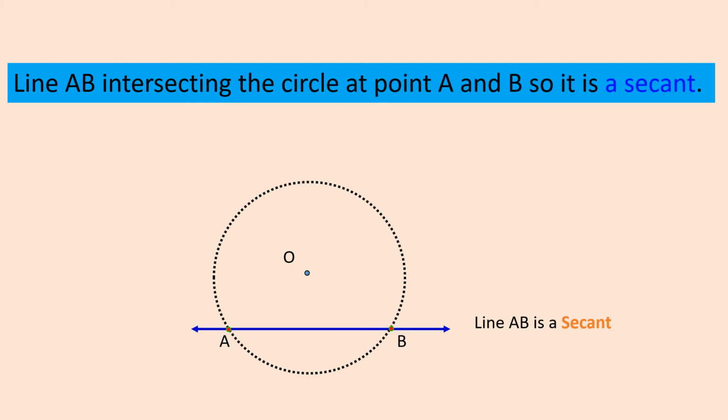A line AB intersects the circle at points A and B, two distinct points as you have seen. It is known as a secant. I hope the secant concept is clear. A line which passes through two points of a circle is called a secant.